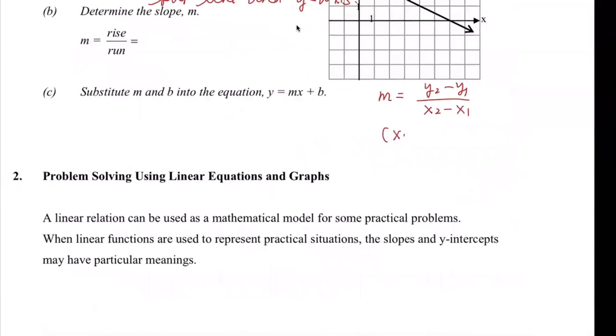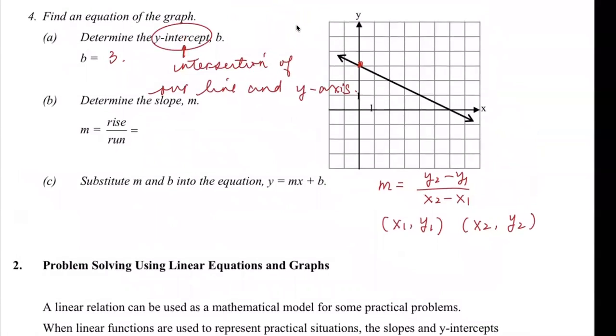Here, x1, y1 is one point on the straight line. x2, y2 is a different point on the straight line. So knowing this helps us find the slope. How do we do that? We already know there's one point here. We just need to find any other point on the straight line. And then we can find the slope.